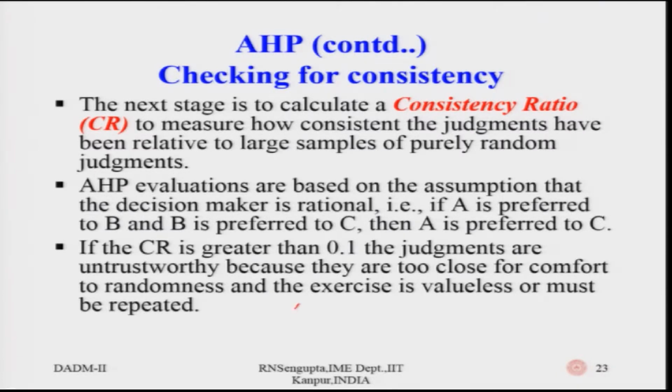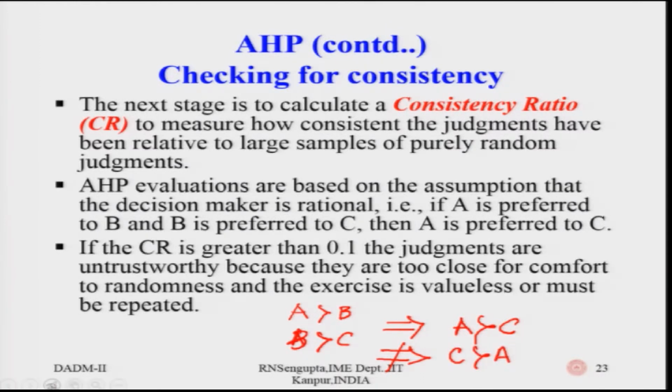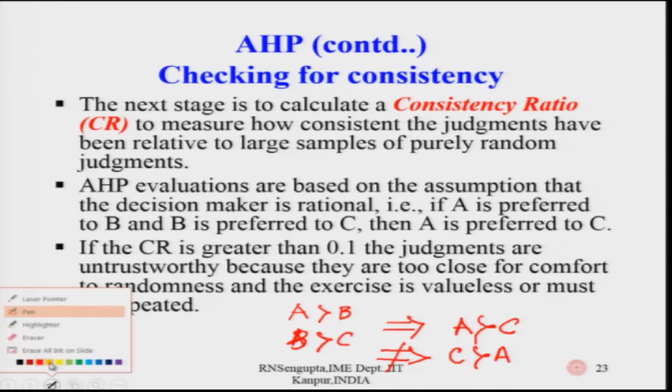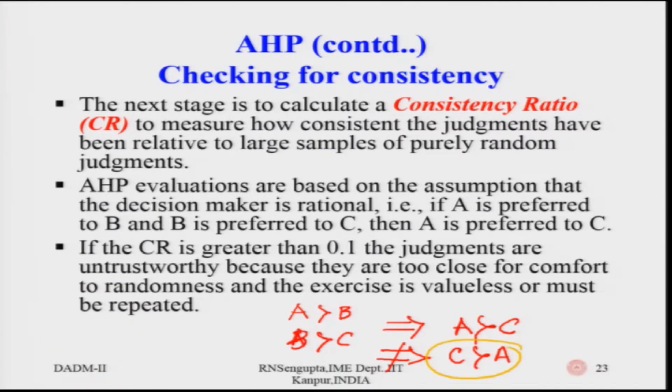In case A is B and B is C, obviously we should have this. It cannot lead to the fact that this is true; this would never be allowed, this is not allowed, I am just cancelling it.